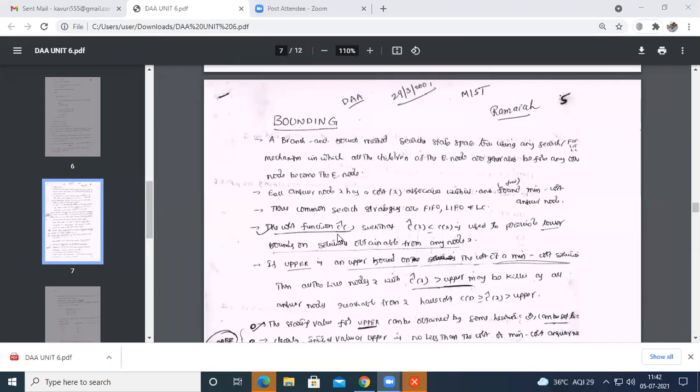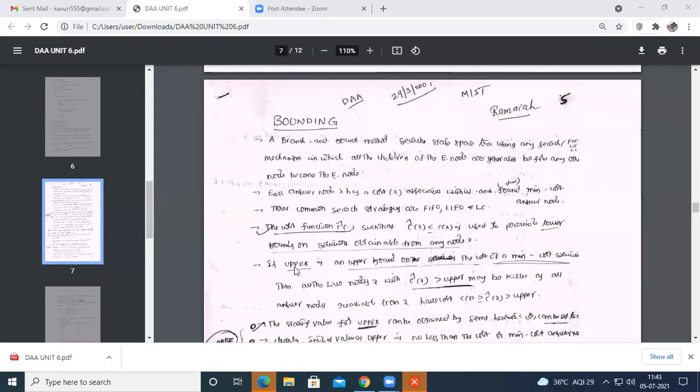The cost function C cap such that C cap X is less than or equal to C of X is used to provide a lower bound on the solution obtained from any node X.